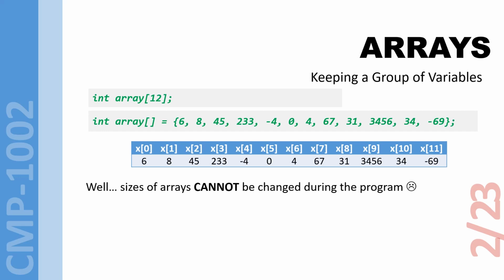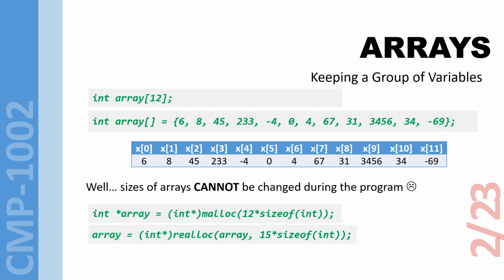In order to do that, one of the ways that we talked about in the previous semester's course is using the malloc realloc system. Using malloc, if I write something like this, I'm allocating a memory space of 12 integers in the heap, and then in subsequent lines of code, I can use realloc to increase or decrease the size of the array.